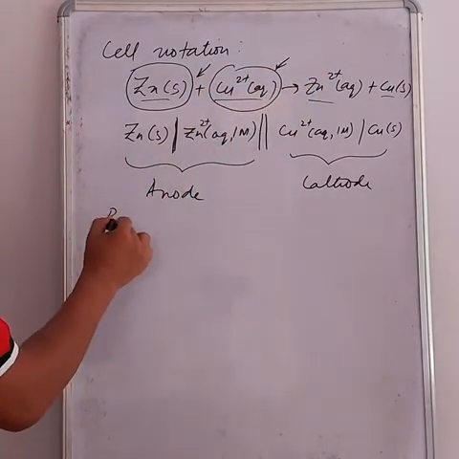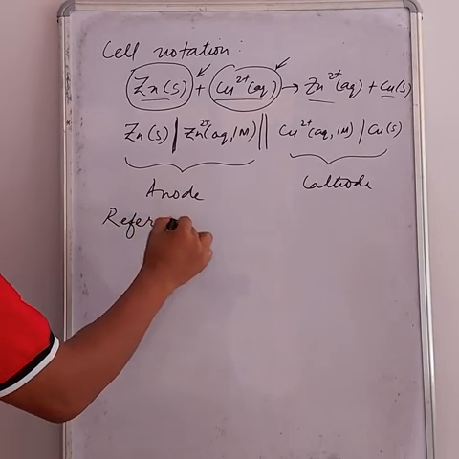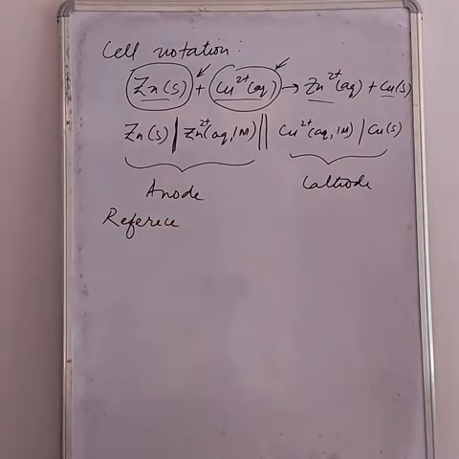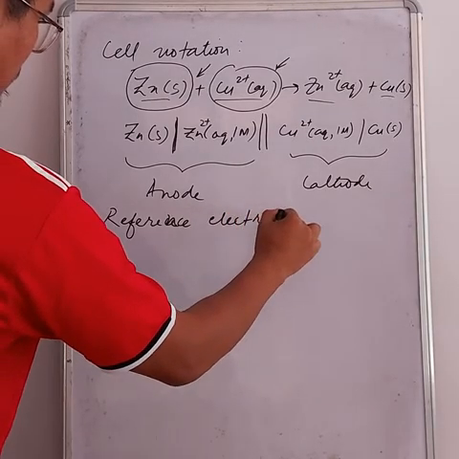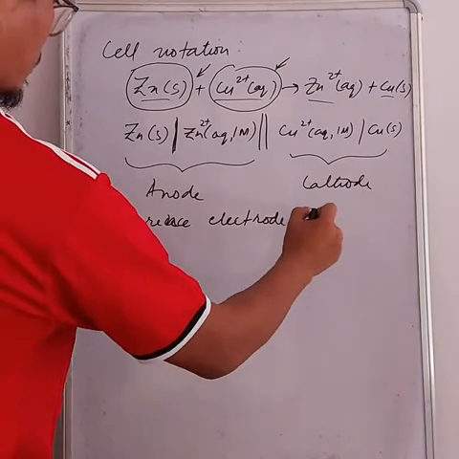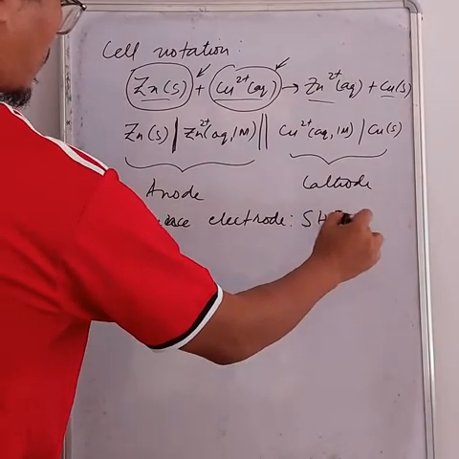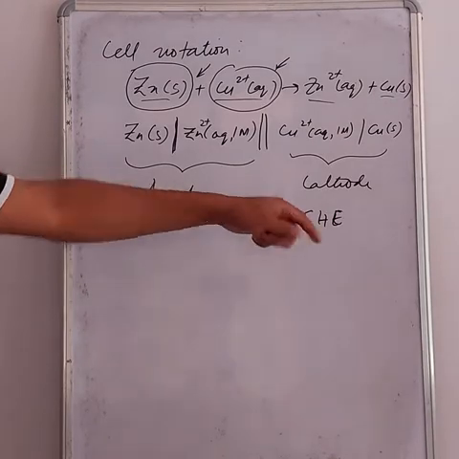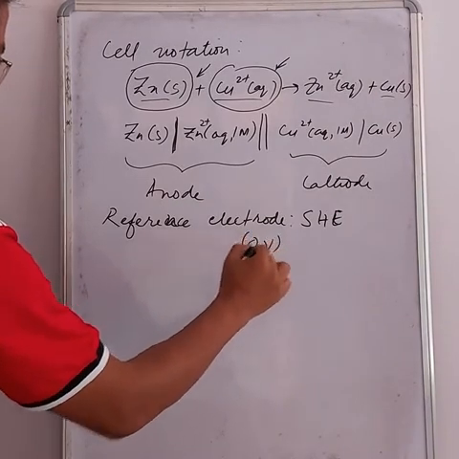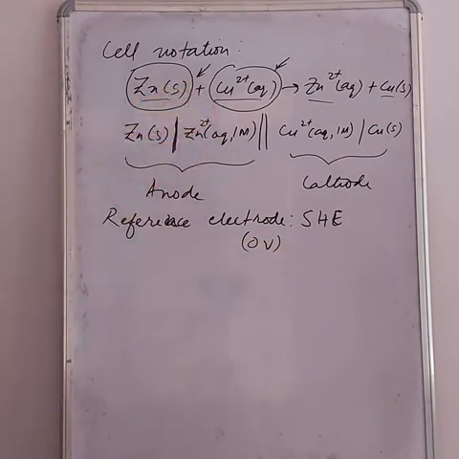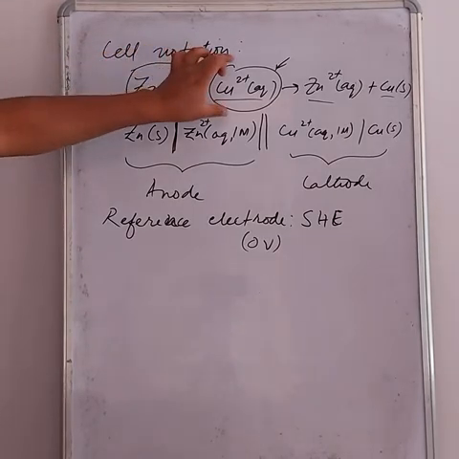We have to use a reference, called the reference electrode, and that is where we use the standard hydrogen electrode. The standard hydrogen electrode has a potential of 0 volts. So if you connect any electrode to this standard hydrogen electrode, then you'll be able to determine the potential of that electrode.